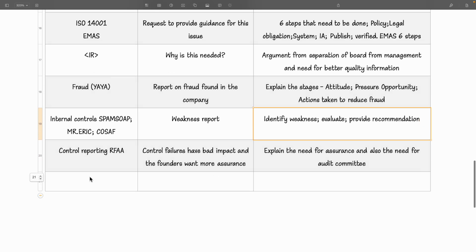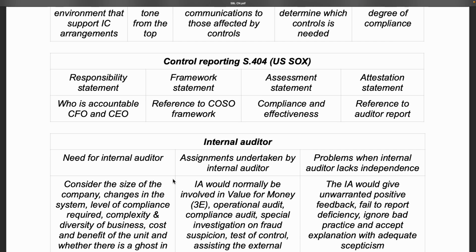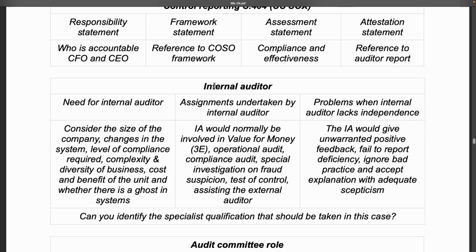The other area that might come out is the role and responsibility of internal auditor. So here you might need to talk about the need for internal auditor, which they already have. So you don't need to talk about this one.